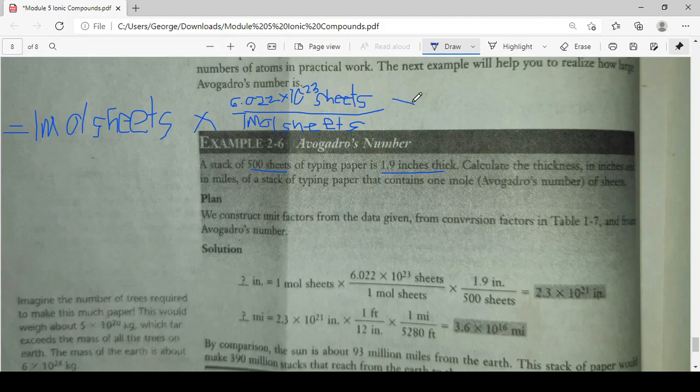And then you multiply it by its given thickness of 1.9 inches. The 1.9 inches is the thickness of our 500 sheets of paper. Therefore, we put 500 sheets at the bottom, right? Next, multiply everything on top and divide by everything at the bottom. Cancel all like signs.